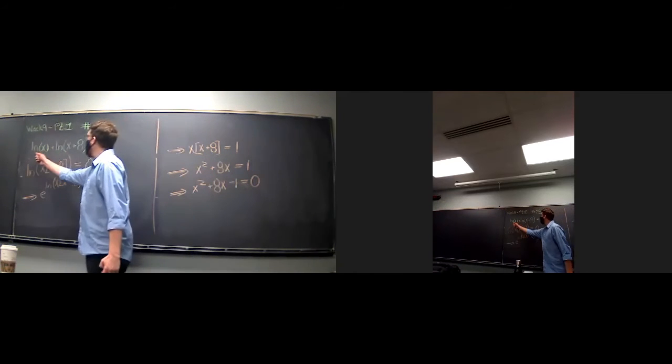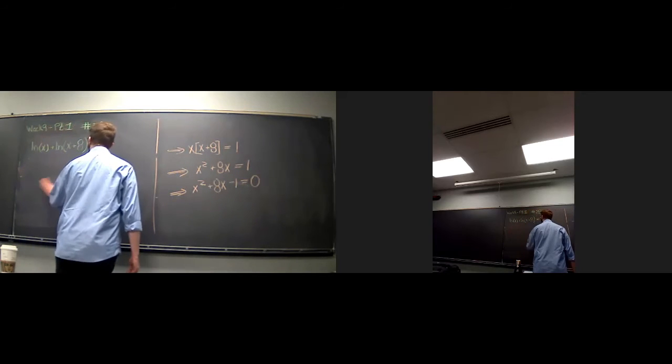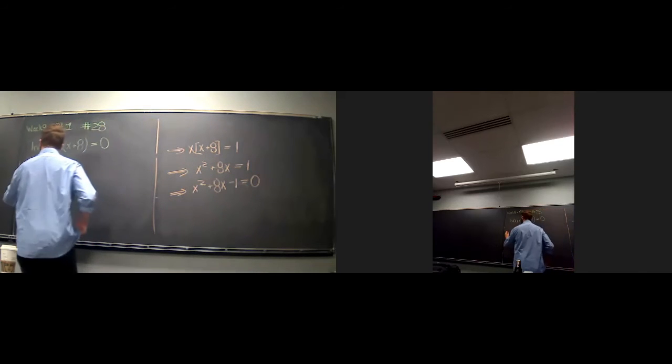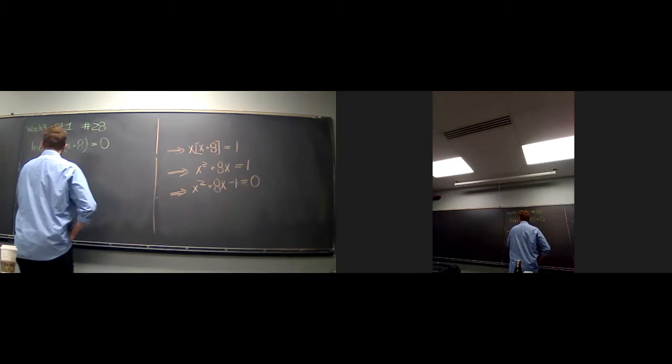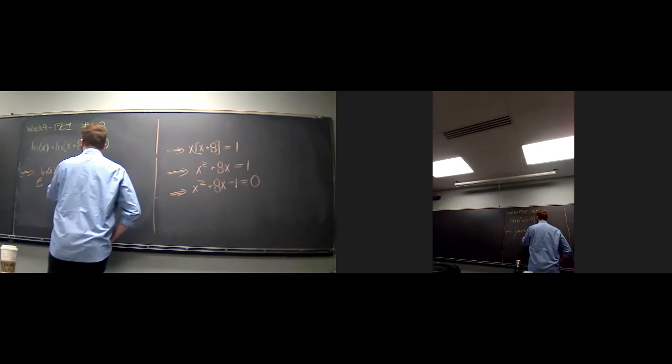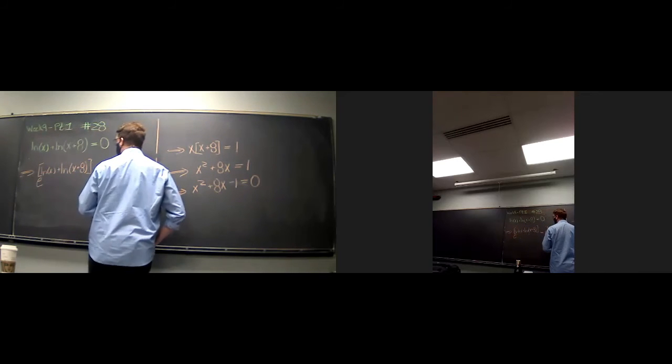Now, having said that really quick, I want to make a point about this problem. Here we went ahead and combined the ln's, but we didn't have to do that. We could have jumped straight down to here. I'll show you what I mean. We could have said this implies e to the ln of x plus the ln of x plus 8 is equal to e raised to the 0.